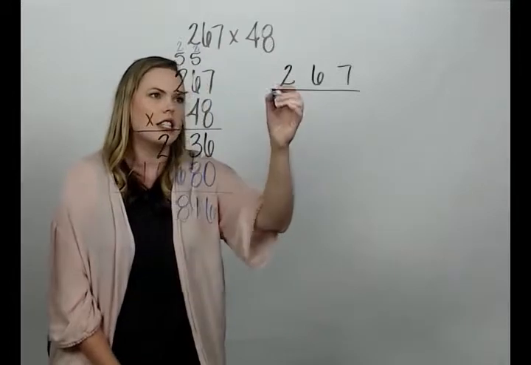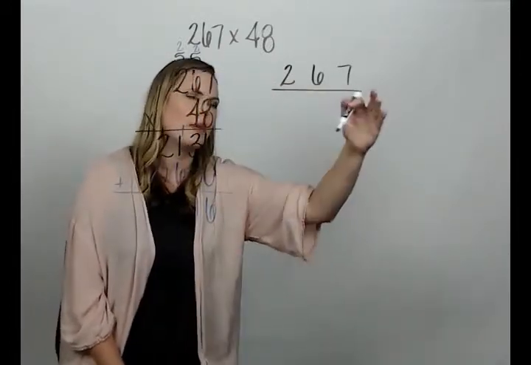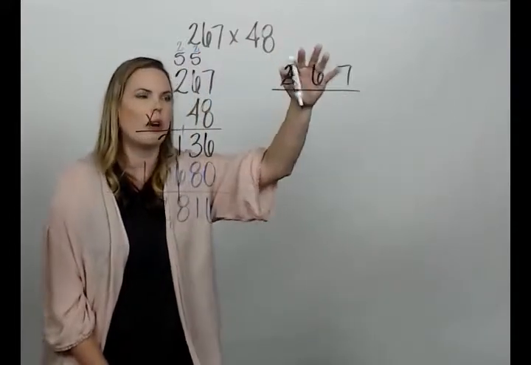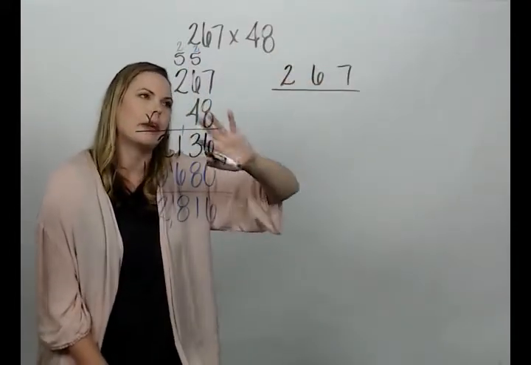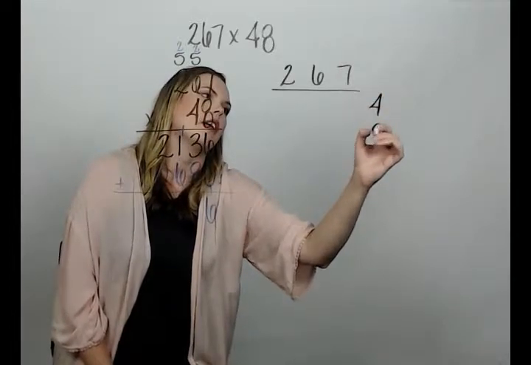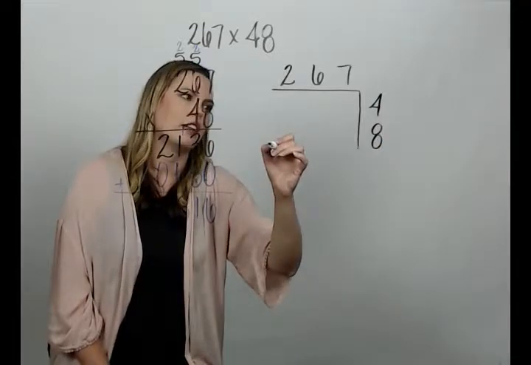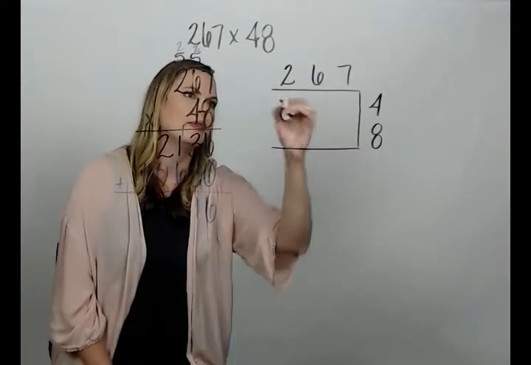What it does is it sets it up on kind of a grid. So you put whatever number you want to go on the top. I like choosing the bigger number once again on the top, and then the other number along the side on the right. Okay, and we'll set up this grid.